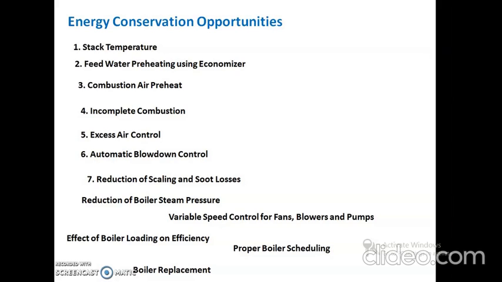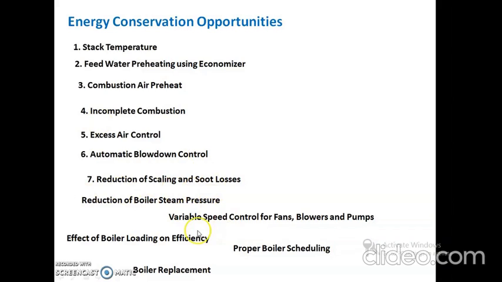Then automatic blowdown control: try to employ automatic blowdown control in order to reduce the heat loss during blowdown. Then reduction of scaling and soot losses; proper, timely scheduled maintenance of the boiler is important for that. Then reduction of boiler steam pressure: if possible, try to reduce the boiler steam pressure, keeping the tolerance in mind, and the pressure generated by the boiler should be as low as possible.